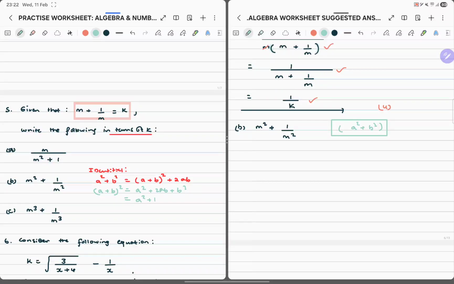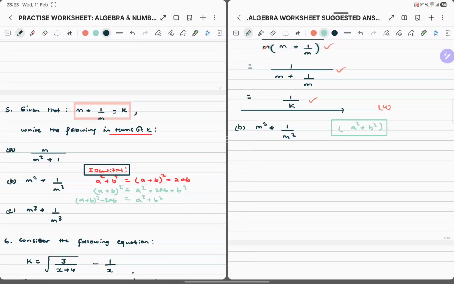A squared plus b squared, we transpose the 2ab, so it's going to be a plus b all squared minus, so it's not plus, it's minus 2ab. So yeah, you see, this is how you remember these things if you've forgotten them. You don't have to cram these because they're not going to be provided in the exam. Can you see? Once you forget how to do an identity, just create it. Even if you didn't know it exists, this can help.